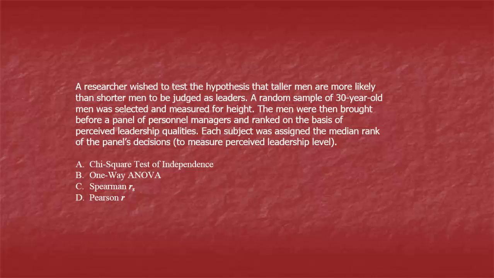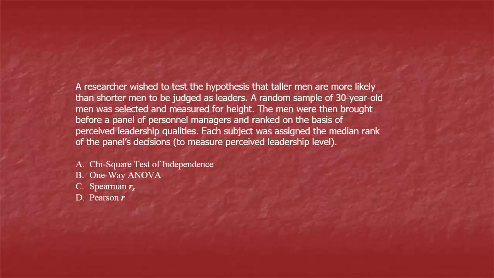Rank also, it's not nominal at least. B, a one-way ANOVA. Is that right? No, it's not. For a one-way ANOVA, you would want a categorical, nominal predictor variable and a continuous outcome variable. We don't have either one of those things.